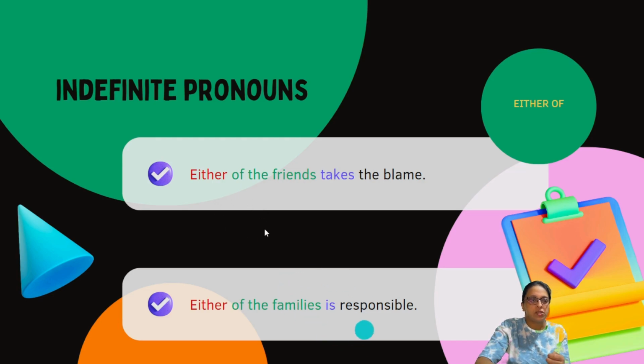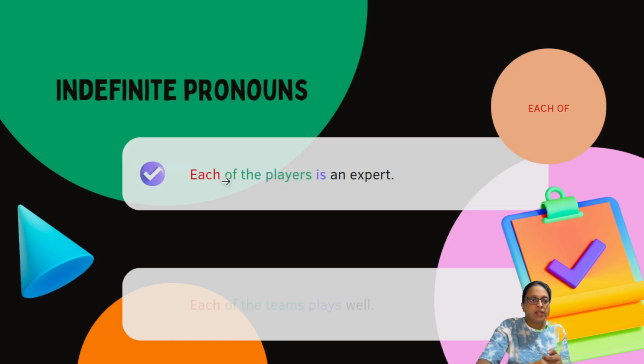Therefore, we have used a singular verb here. And if we remove this of the family's prepositional phrase from here, then either is responsible stands alone. Therefore, we will understand that this is an indefinite pronoun and the verb will be singular because either is there.